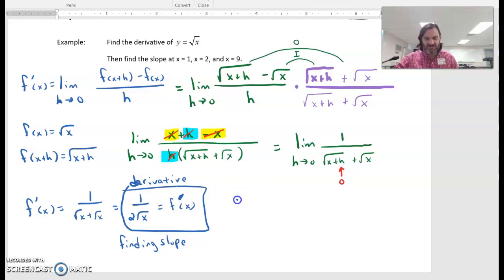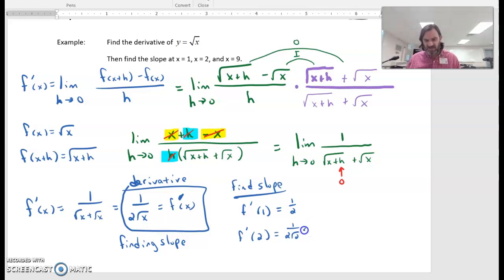So let's find slope. f prime of the 3 points we had, one of them was 1. When we plug 1 into that slope formula, we get 1/2. Then we're going to plug in 2, which is a bad number for me to pick, but I get 1 over 2 square roots of 2.